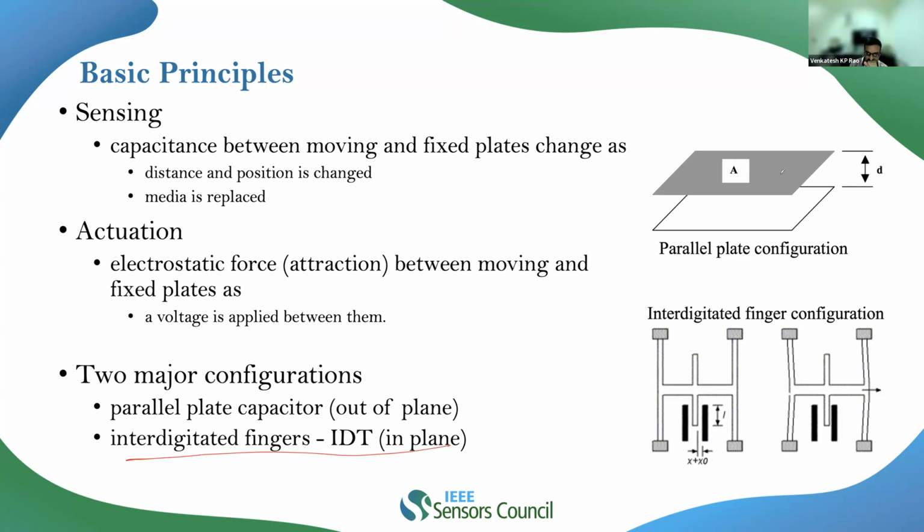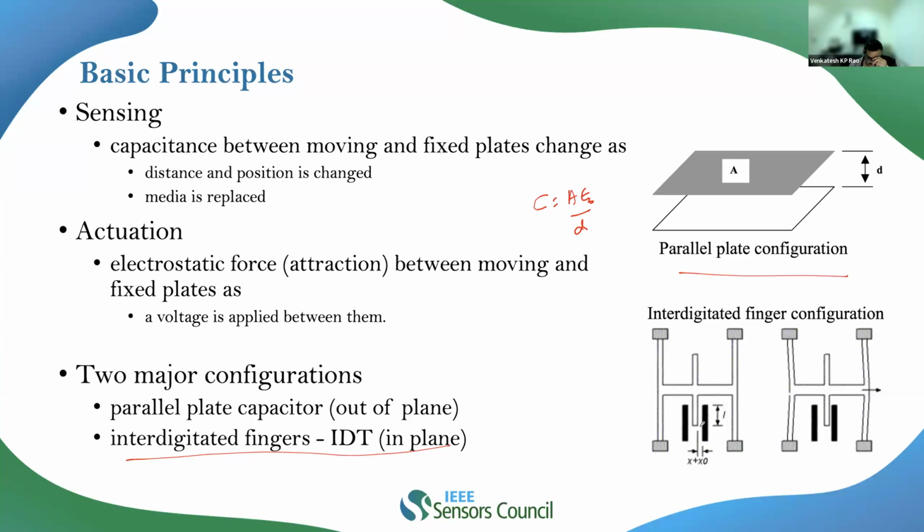Let's say that A is the area of the plate and D is the distance, then the capacitance is A epsilon naught divided by D, all of you are quite familiar with it. On the other hand, since this resembles our fingers and also resembles combs, it's called comb fingers.